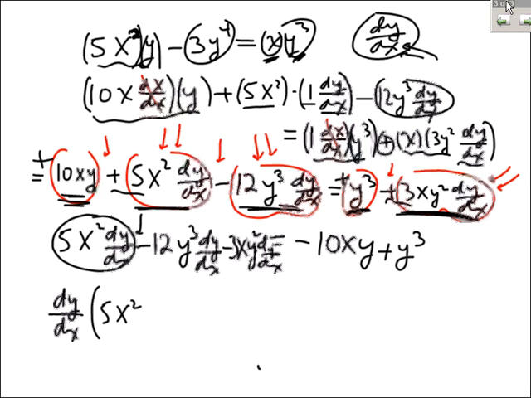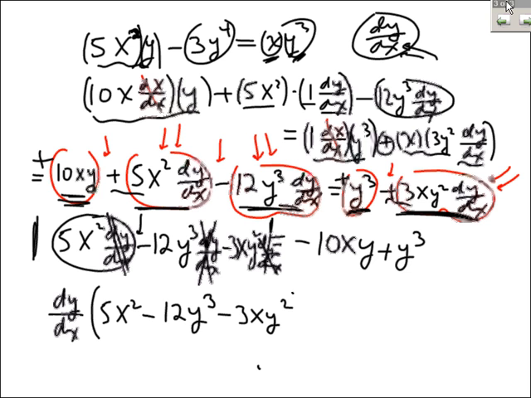I mean, basically, just don't write down dy dx because we factored it out in front. Copy down from here to the equal sign everything except what's crossed out, like 5x squared and a minus sign, and a 12 and a y cubed, and a minus 3xy squared. And the right-hand side won't change.